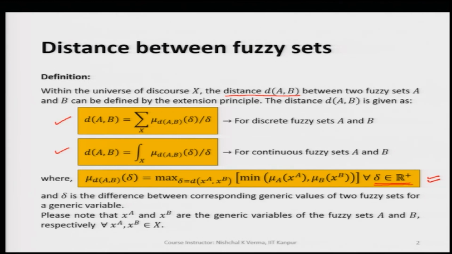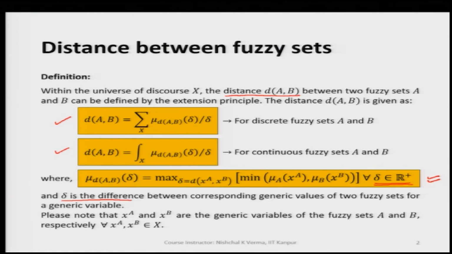We have already seen how we can find mu_D(A,B)(delta), which is needed when computing the distance between two fuzzy sets. Now, what is delta?